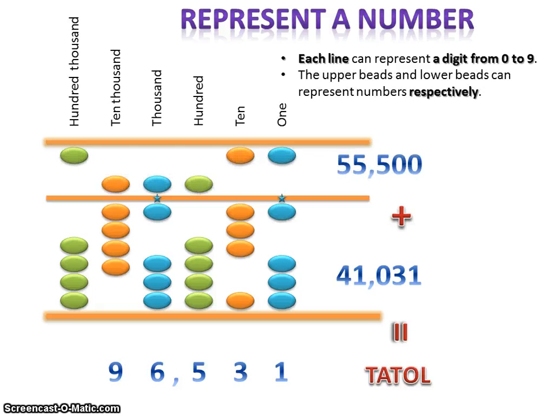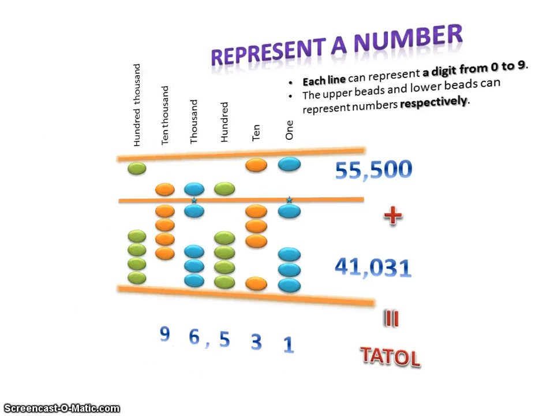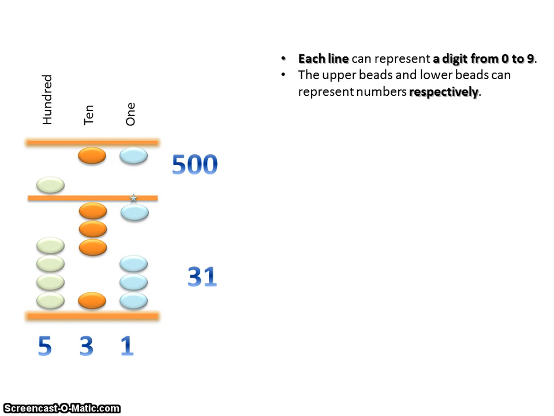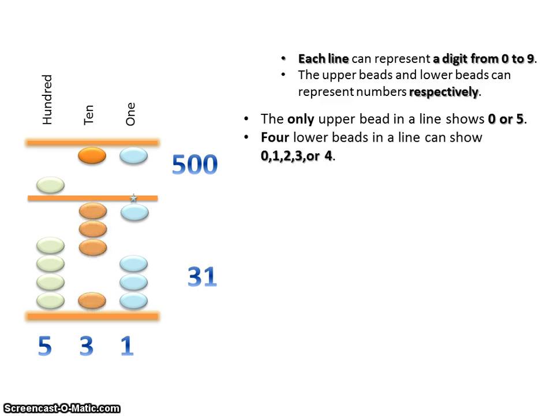The upper bead and lower beads can represent numbers respectively. The only upper bead in a line shows 0 or 5. 4 lower beads in a line can show 0, 1, 2, 3, or 4.